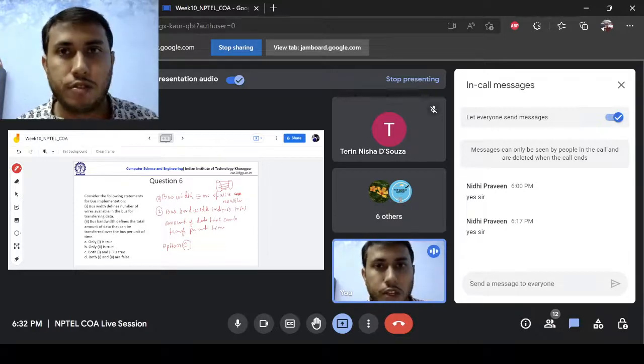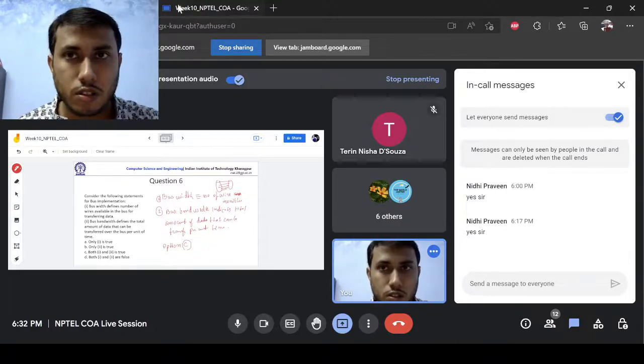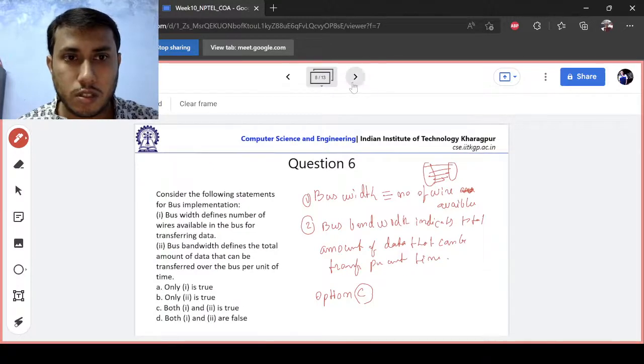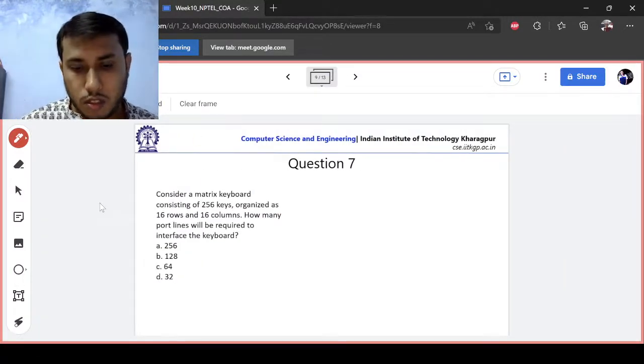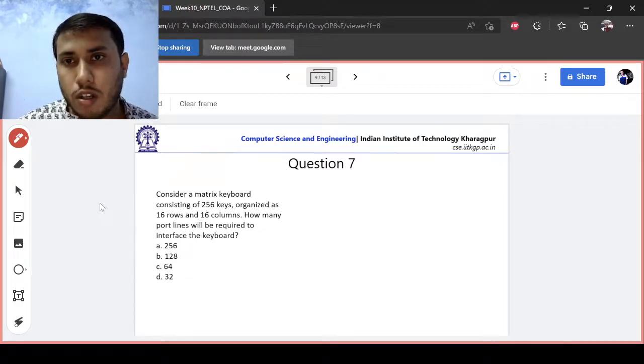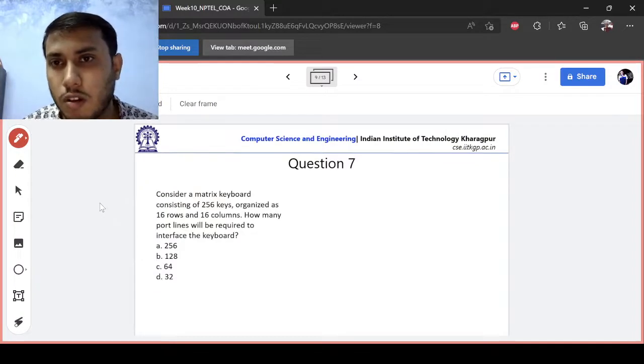So let's go to the next question. The question is, consider a matrix keyboard consisting of 256 keys organized as 16 rows and 16 columns. How many port lines are required to interface the keyboard?